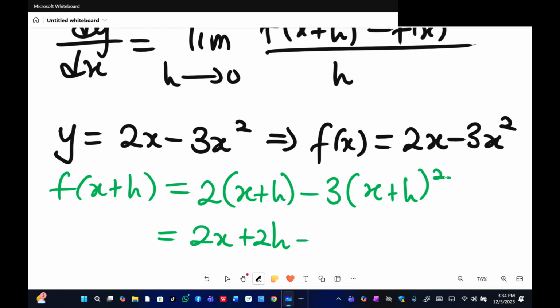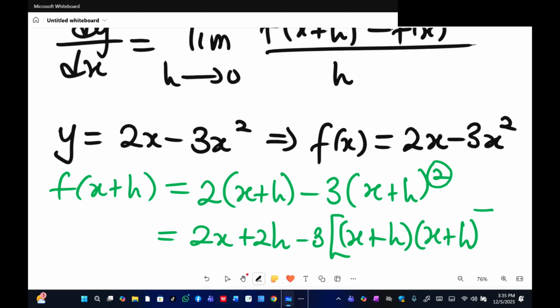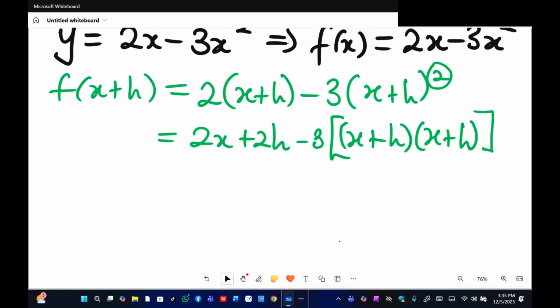Then because here is having a power more than 1, we need to expand the bracket first. So we put our negative 3 outside, then open bracket. Since it's a perfect square, it's going to be x plus h, one bracket, multiplying x plus h in the other bracket, and close it nicely. So we continue to simplify.